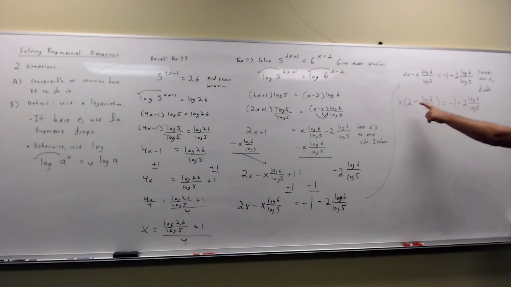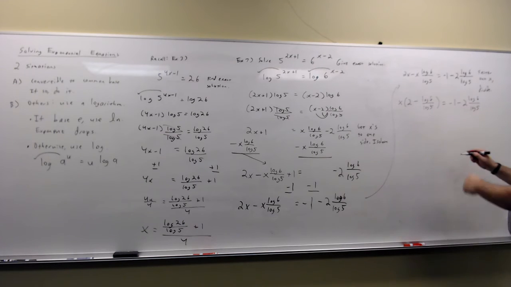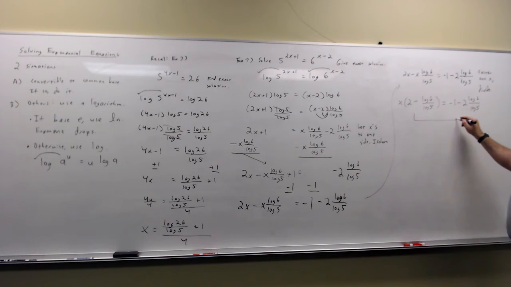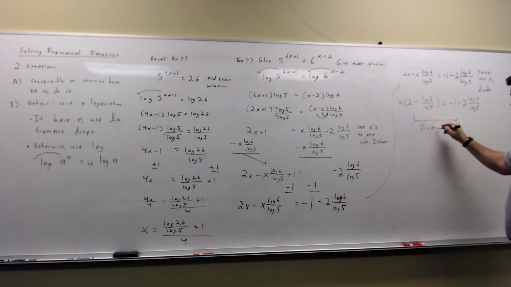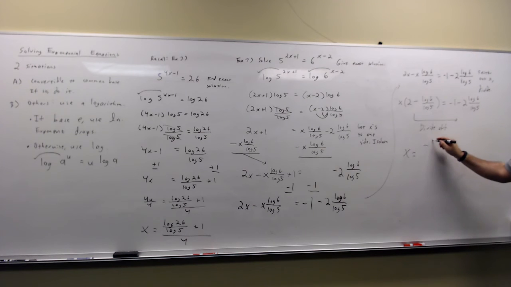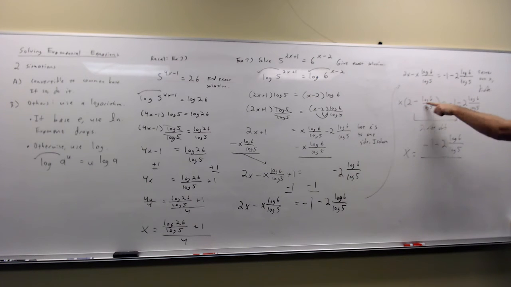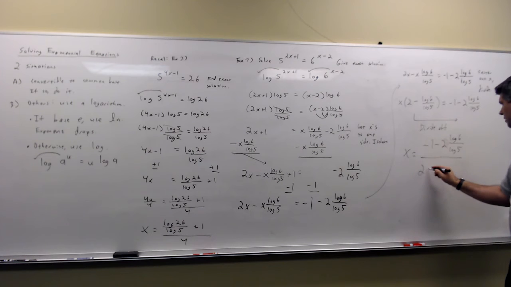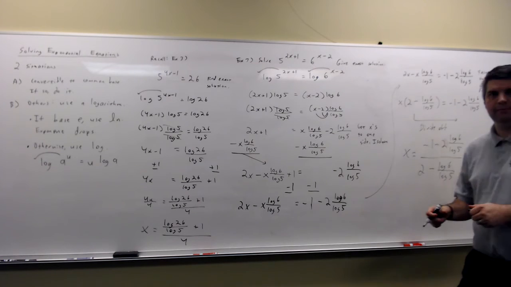And finally, I'm going to divide it off this, I'm going to divide it off that. So x equals this over this, divided off here, divided off there, and became a denominator. And we can call that done.